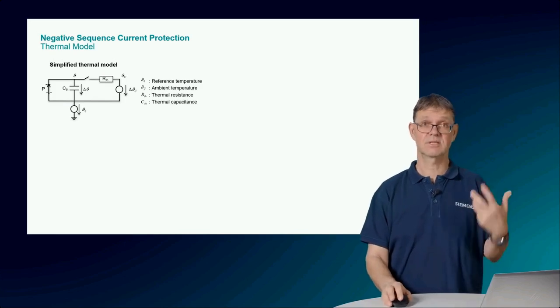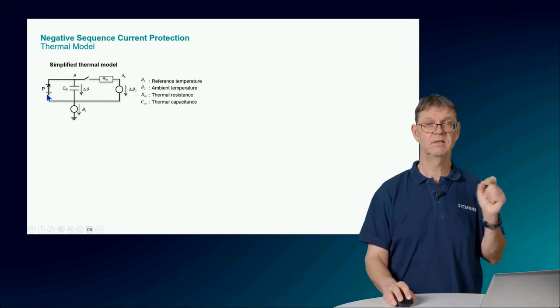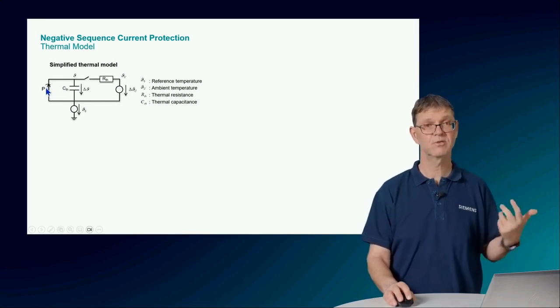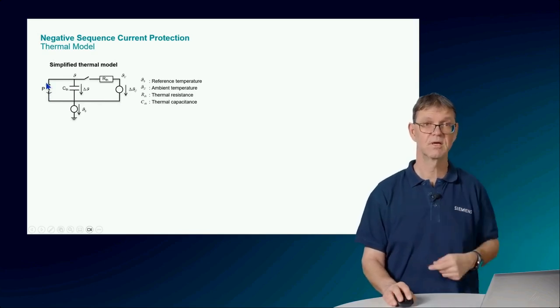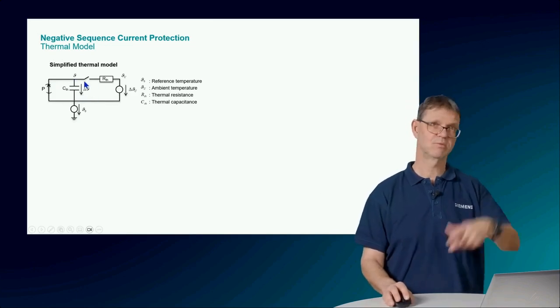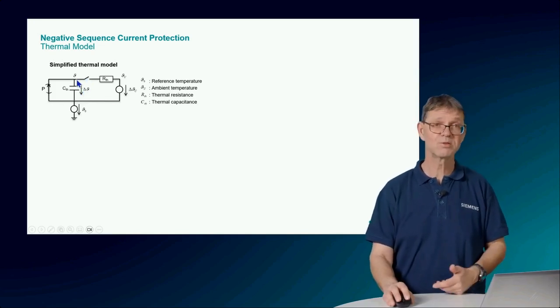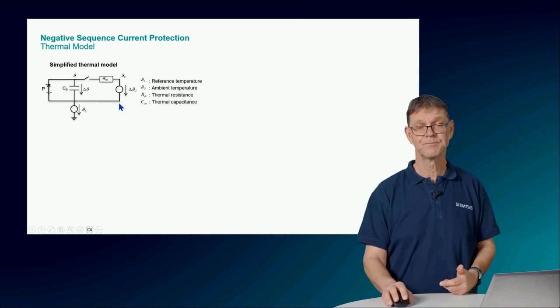So we need also a starting value again, otherwise tiny power that flows in here coming from this negative sequence current will load up here this thermal capacitor, and the temperature will go to theoretically infinite because the switch here is open, so nothing goes away here.